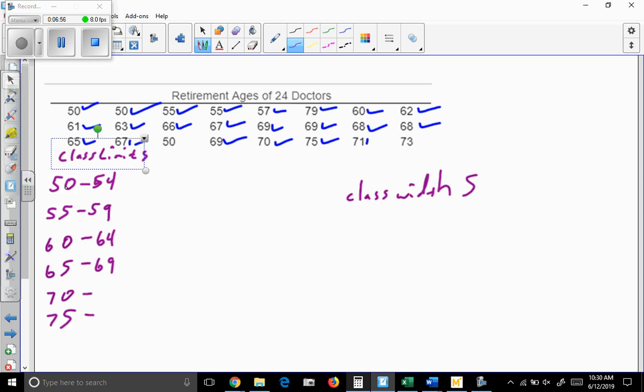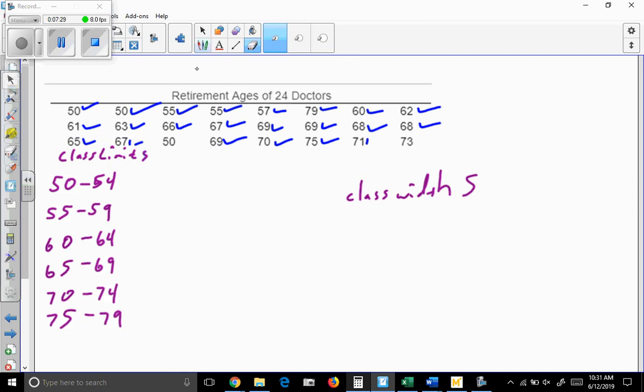Also, you may notice the difference here is 4, the difference here is 4, 4. So if I add 4 to each one of these, that gets me the upper limit. Also, remember the class width, that's also the distance from the upper end here to the upper end of the next class. So if I add 5, I get this. Add 5, add 5, add 5, add 5. So those are the classes for this particular set of data.